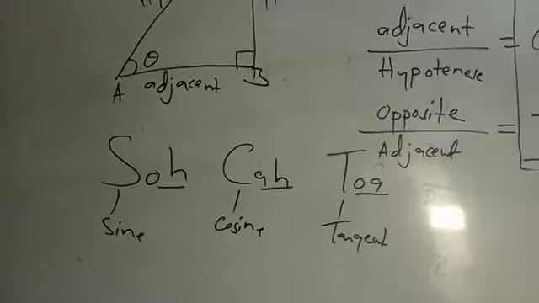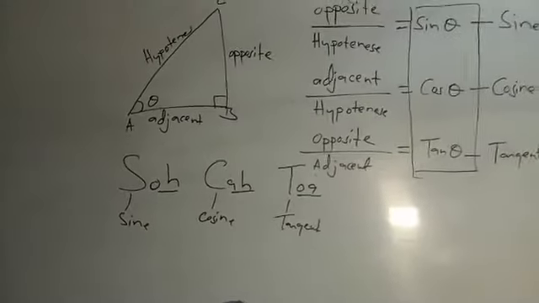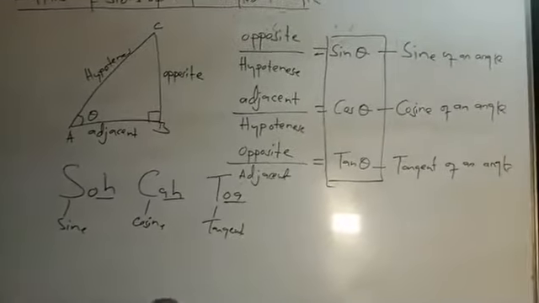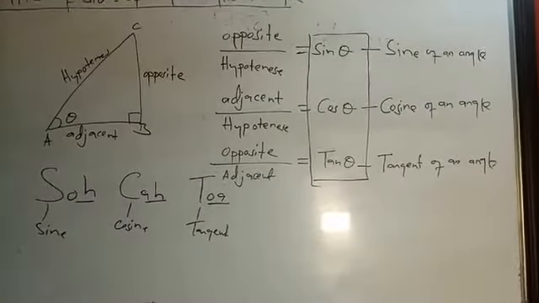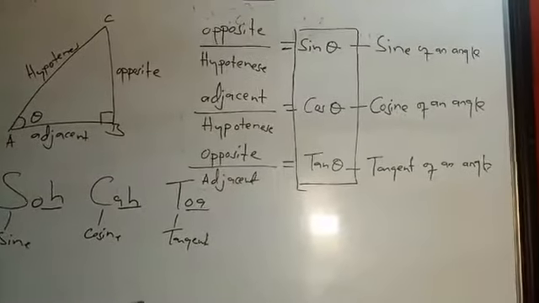So let's try to look at one example here concerning ratios of a right angled triangle.